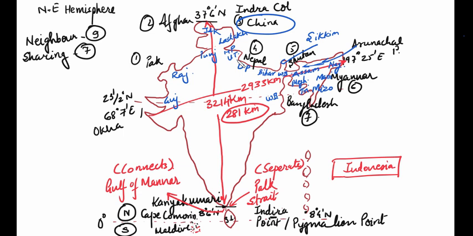So this question may come in any way. For example, in UPSC it was asked which is that state which is surrounded on three sides by Bangladesh. So it was Tripura. Tripura was the state which was surrounded by Bangladesh on three sides.